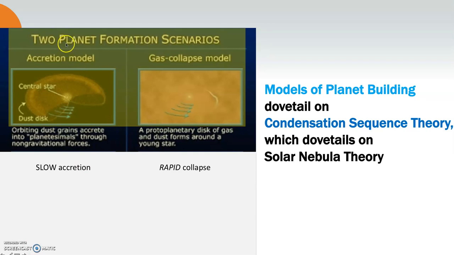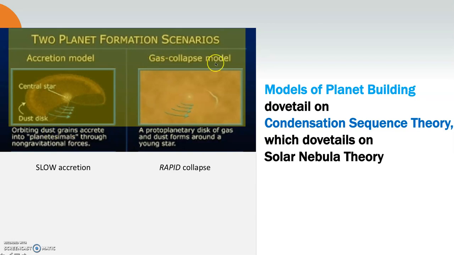Now, here is a slide about the two planet formation models in this theory. The one, as I said, is called an accretion model, and it really talks about the planetesimals, and it talks about the dust forming the inner planets, the terrestrial planets.